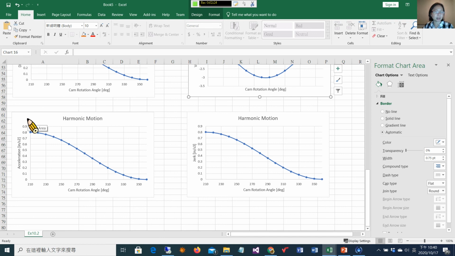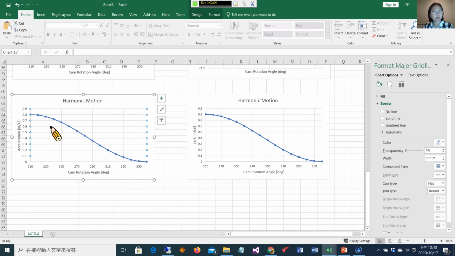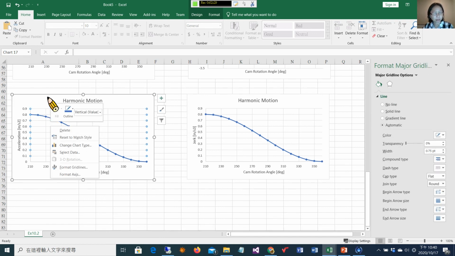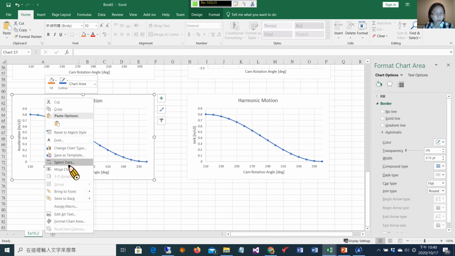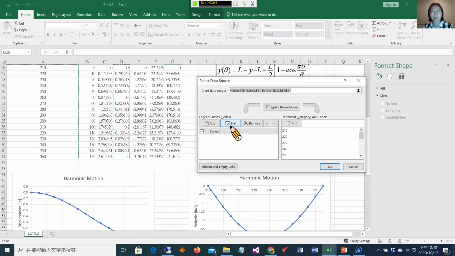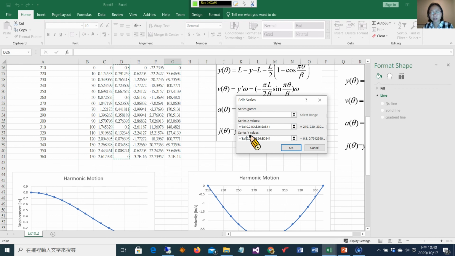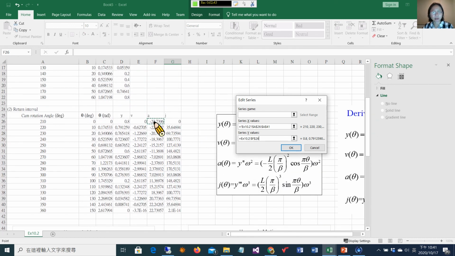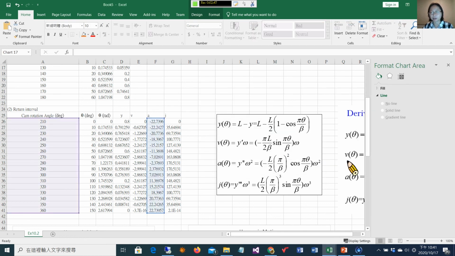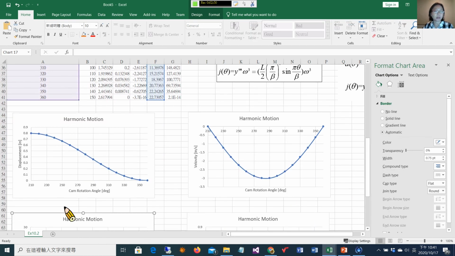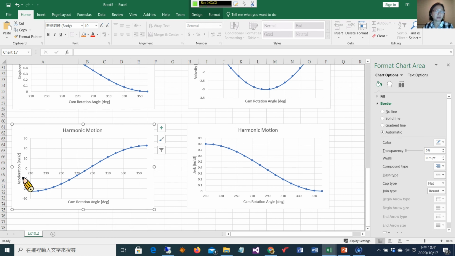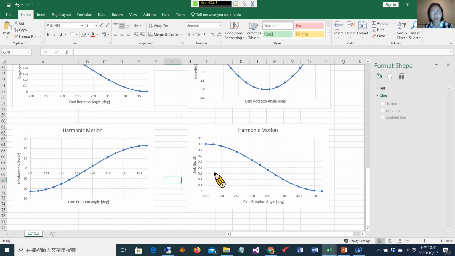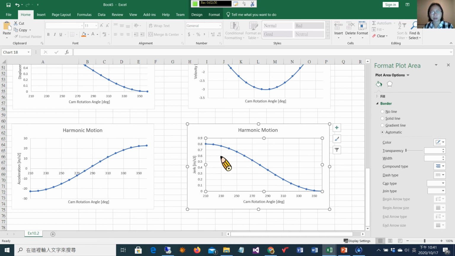For this acceleration diagram, we select data and edit it. The Y value we change here to here and OK. So we got the acceleration diagram and this is the jerk diagram.